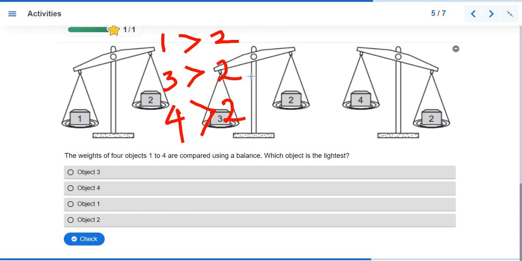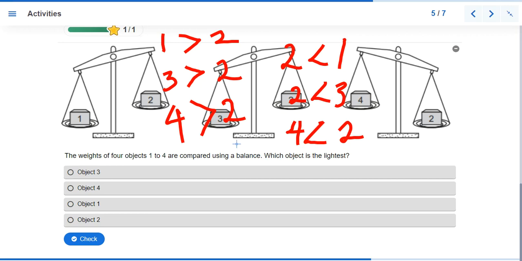Also, if I need to reverse this, I can say that weight 2 is lesser than weight 1, weight 2 is lesser than weight 3, and weight 2 is greater than weight 4.